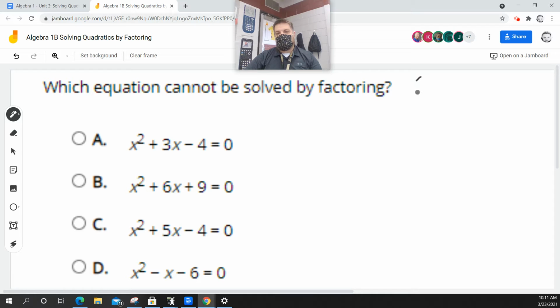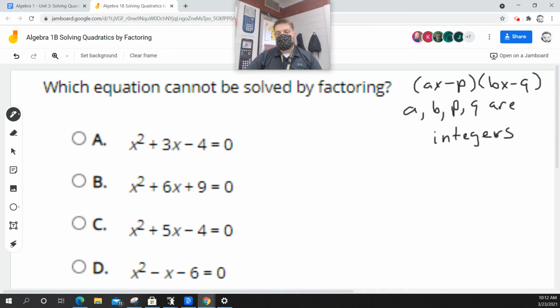Like if I have (ax - p)(bx - q), when they say factorable, that means that a, b, p, and q are integers. Okay? So that's if it's factorable.